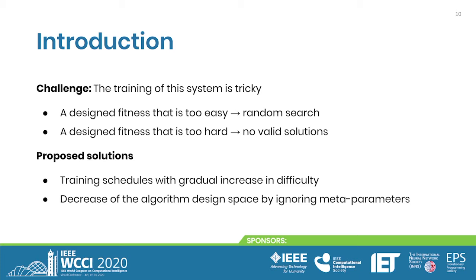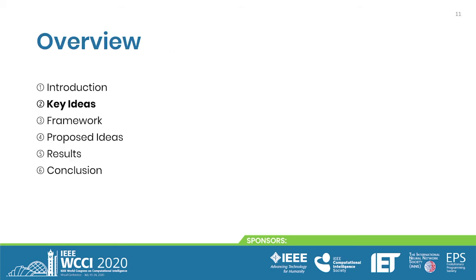Second, we know meta-heuristic parameters are very important, but searching for design and parameters hugely increases the search space. If we ignore these parameters during evolution, how detrimental will it be? Before we dive into details, let's first take a look at our system for program generation. Then, I'll go back to these approaches to avoid those problems.